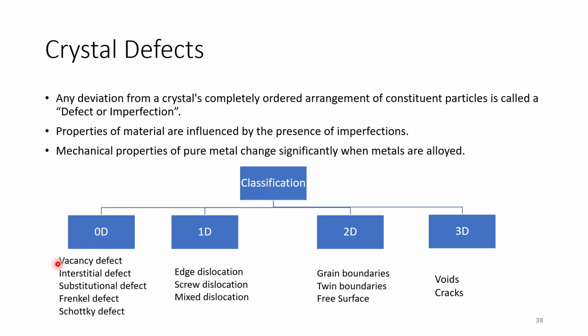Examples are vacancy defect, interstitial defect, substitutional defect, Frenkel defect, and Schottky defect. 1D defects are edge dislocation, screw dislocation, and mixed dislocation. 2D defects are grain boundaries, twin boundaries, and free surfaces, which are also planar type defects. 3D or volume defects have higher dimensions, in micro size. Voids and cracks are 3D defects.